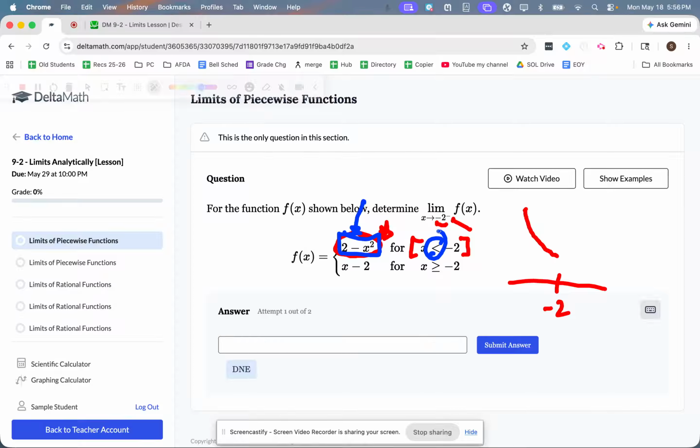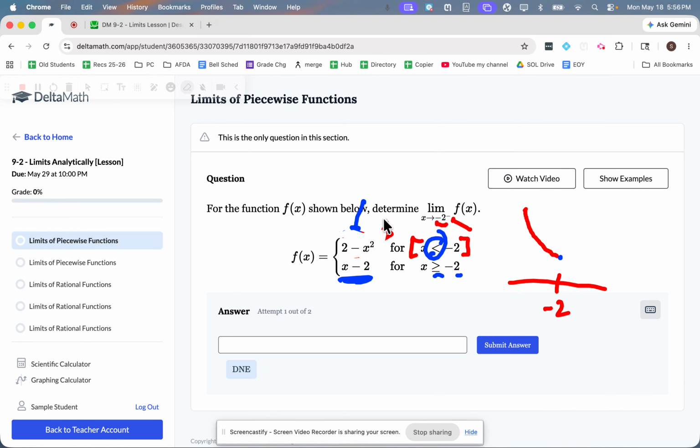Well, I know it says x is supposed to be less than, not equal to, but it doesn't matter because where x is -2, this is where it's headed. When you get there, it might be something else altogether. But remember, limits are about the destination.